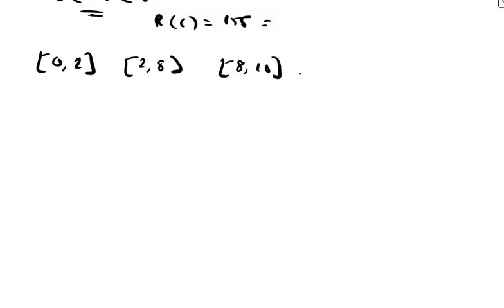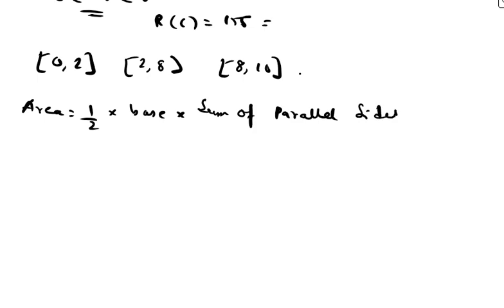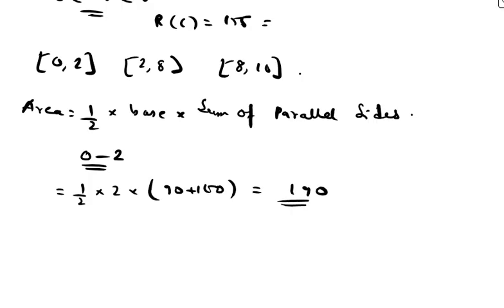The trapezoid formula: area is equal to half into base into sum of parallel sides. So the first interval 0 to 2 is half into 2 into (90 + 100), so that is 190.